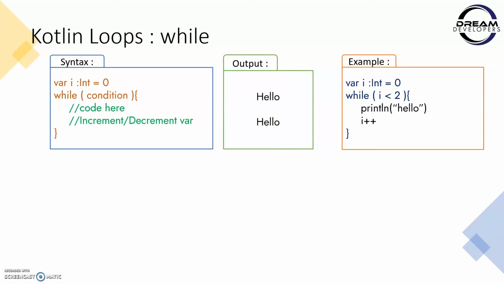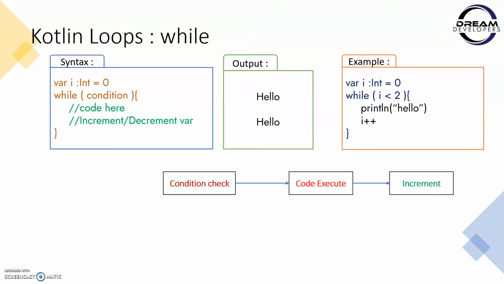Now let's understand how the while loop works. The flow of the while loop is: first check the condition, then execute the code, and after that increment the variable. Now let's understand our example. In the first loop, i is initialized to 0. After that it checks the condition, i less than 2. Yes, so it will print hello, and after that i is incremented by 1.